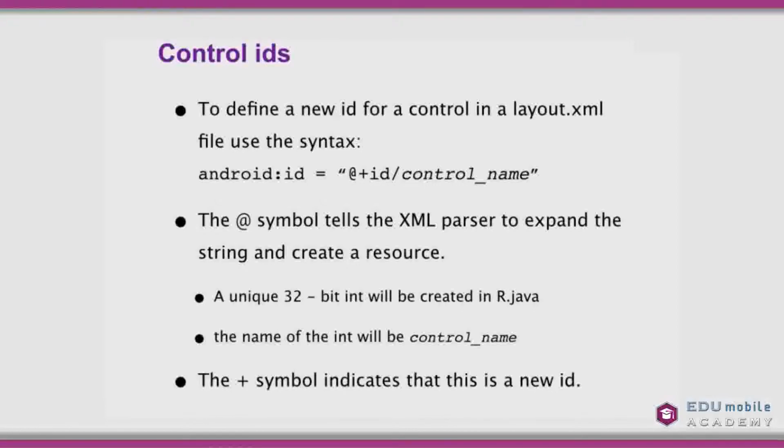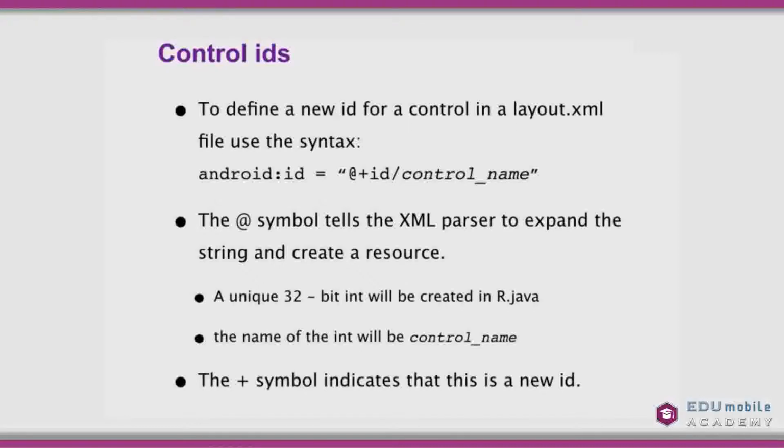The @ symbol tells the layout XML parser to expand the string and to create a resource. When it does that, first of all, it creates a 32-bit integer, and it creates it in a file called R.java, which is located in the build folder in the structure of your app.